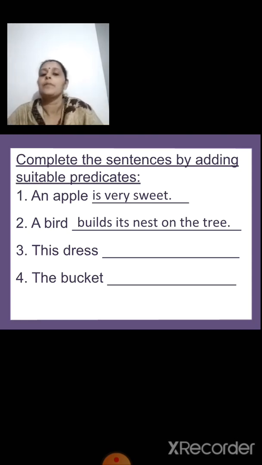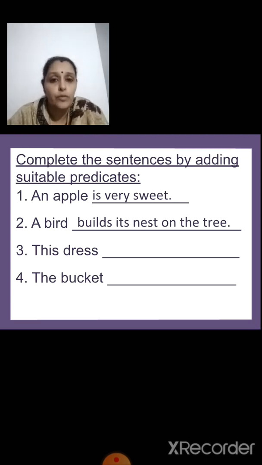Yes? The next one, this dress. Think of anything that you want to add and complete this sentence, and then we will see whether what you have written is correct.